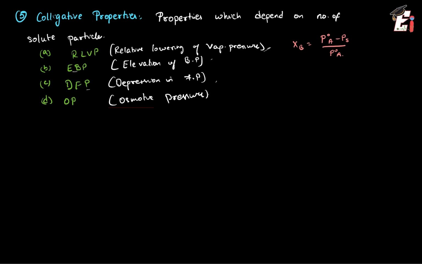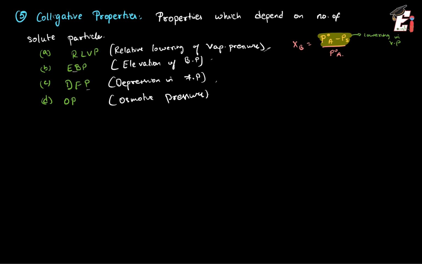What I am highlighting is called relative lowering of vapor pressure. In this formula, the numerator is the lowering in vapor pressure, and this whole thing is the mole fraction.